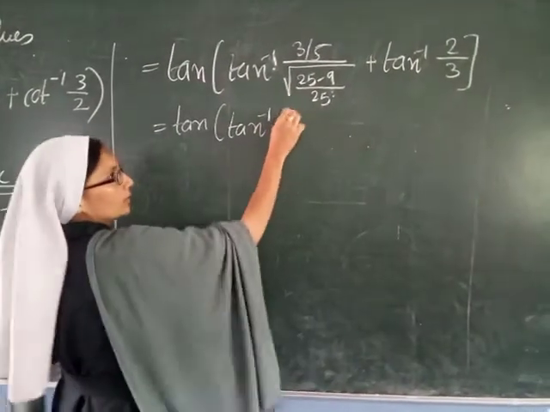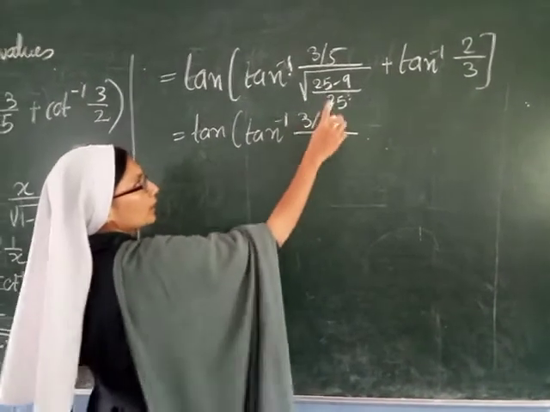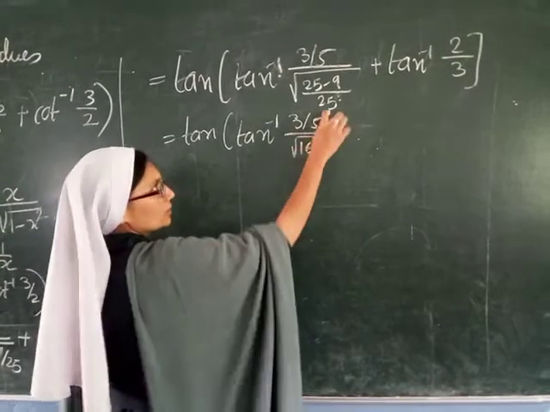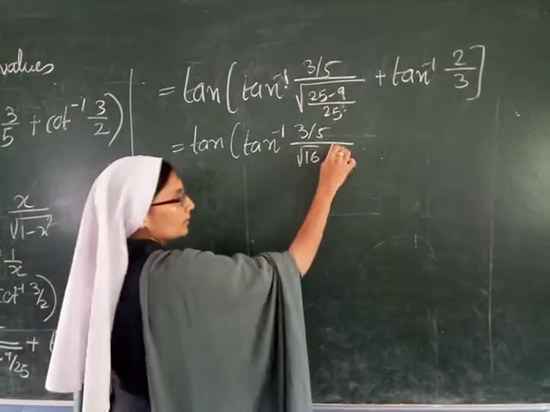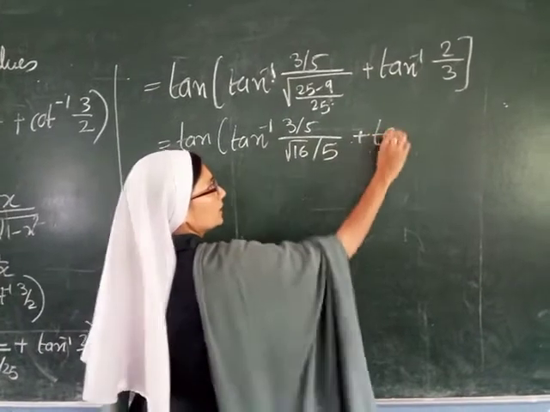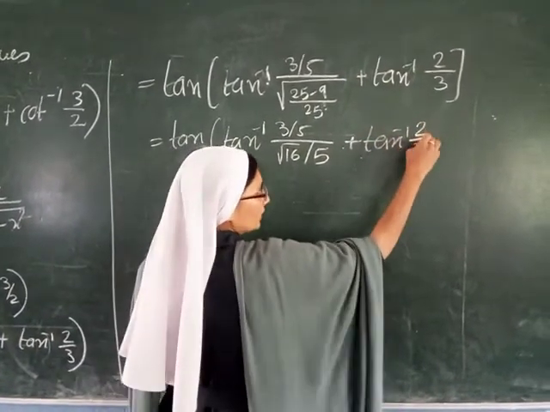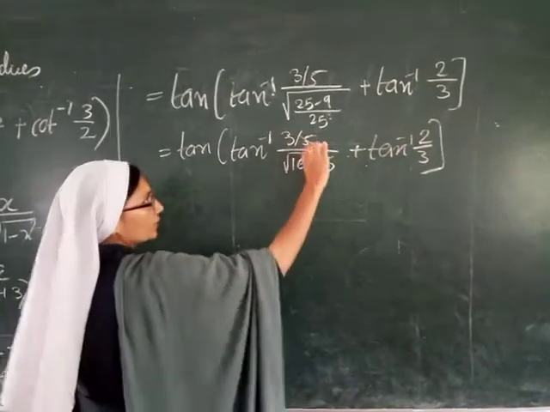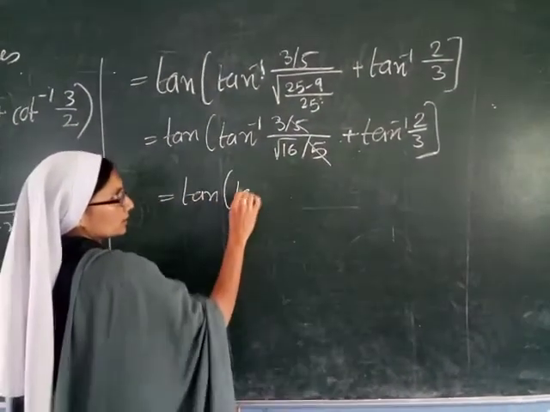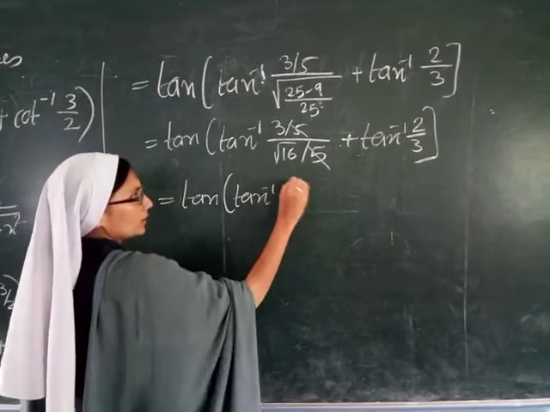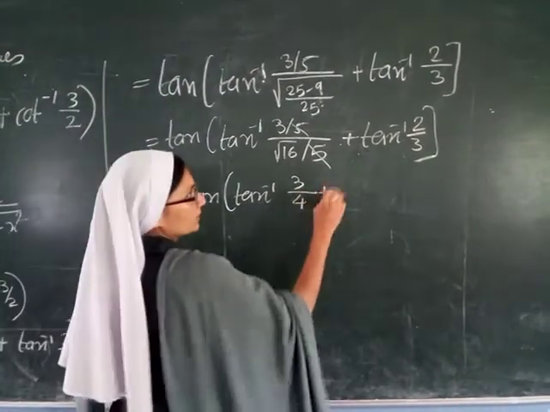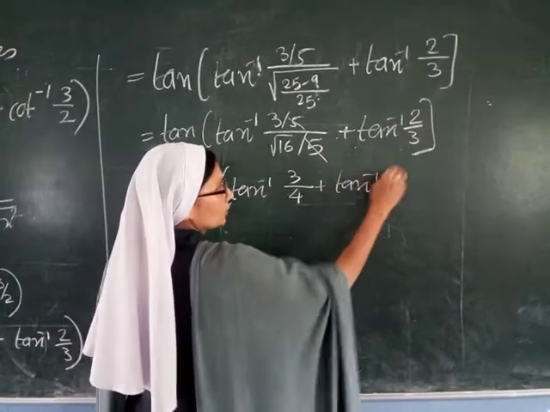So 3 by 5 divided by 25 minus 9 is 16, and this 25 can be taken out of the square root, becomes 5, and we will cut with this, plus tan inverse 2 by 3. So 5 you cancel. So tan of tan inverse, here 3, square root of 16 is 4, plus tan inverse 2 by 3.